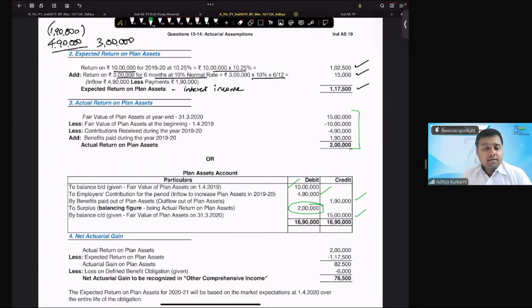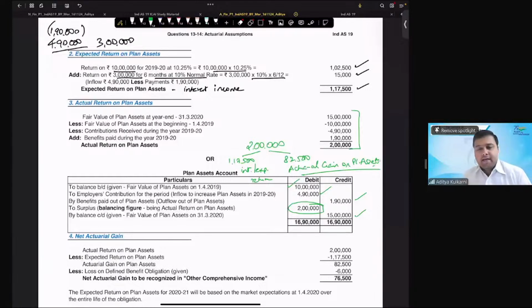Now, this 2 lakhs is split into two things: 1,17,500 and the balance is 82,500. 1,17,500 becomes your interest, which is nothing but expected return. 82,500 is your actuarial gain on plan assets.